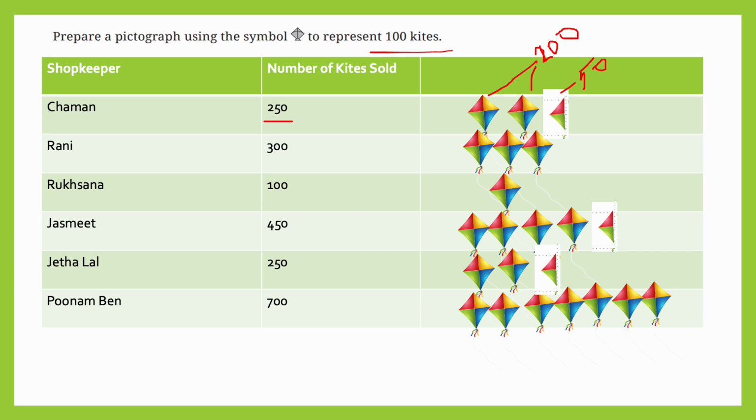So, similarly, Rani 300. So, 3 full kites. Then, Ruxana 100. So, 1 kite. Then, Jasmeet 450. So, 4 full kites and 1 half kite. Then, Jeeta Lal 250. So, 2 full kites and 1 half kite. Poonam Ben 700. So, 7 full kites.